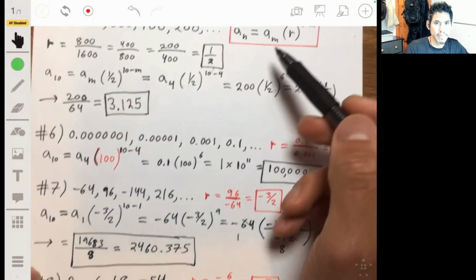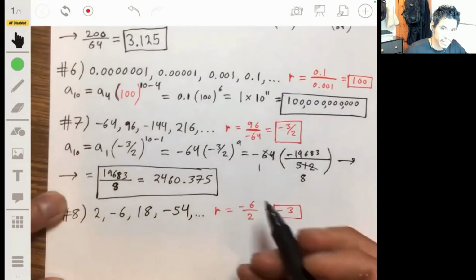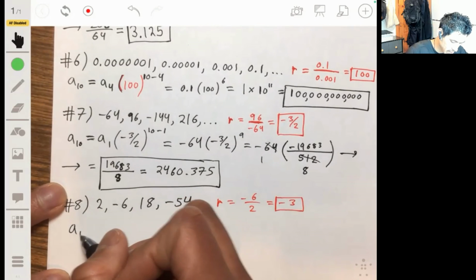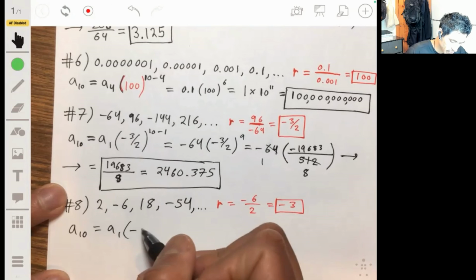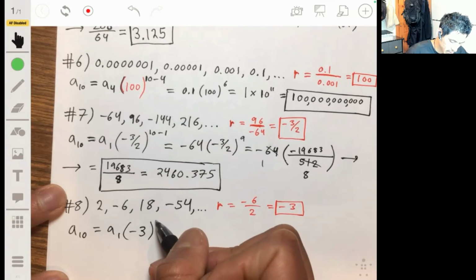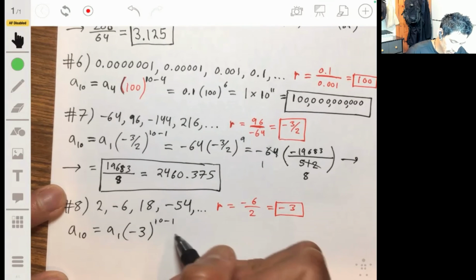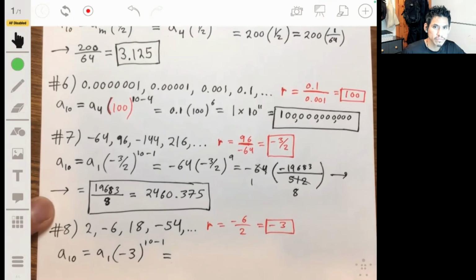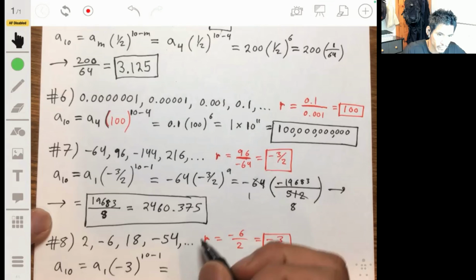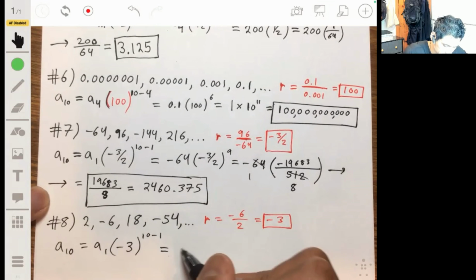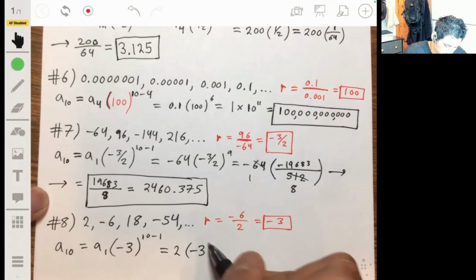Using our equation again, A10, let's make it A1 times -3 to the 10 minus 1 power. A1 is 2. This one looks like it'll be the easiest.